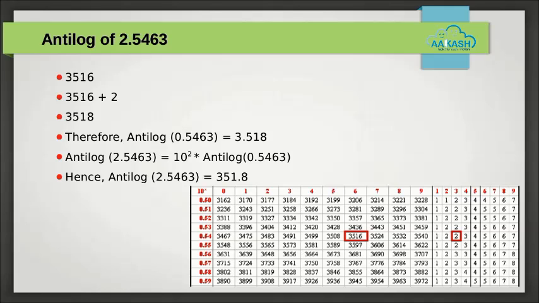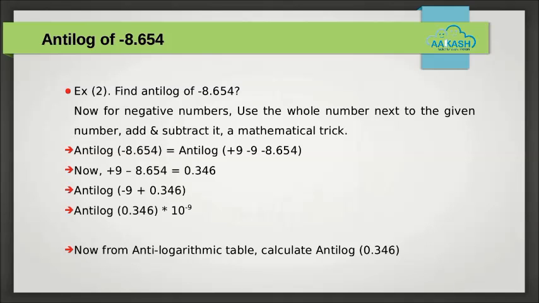Let us understand it better by taking another example. Calculating antilog of a negative number, that is minus 8.654. Now for negative numbers, use the whole number next to the given number and add and subtract it. It is a commonly used mathematical trick.